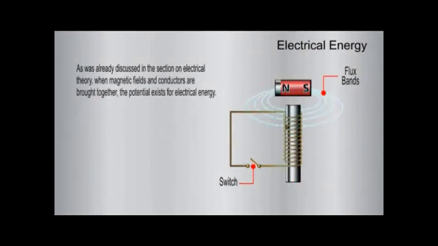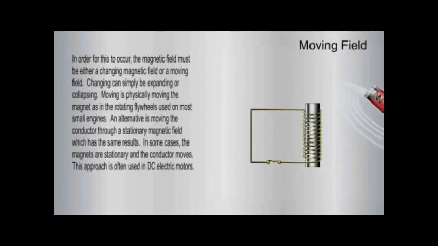As was already discussed in the section on electrical theory, when magnetic fields and conductors are brought together, the potential exists for electrical energy. In order for this to occur, the magnetic field must be either a changing magnetic field or a moving field. Changing can simply be expanding or collapsing.